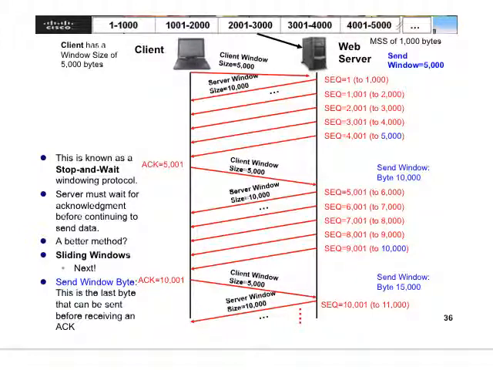Now the question is, what is the disadvantage in this stop and wait technique? Okay, it's easy, it's logical. You report to me that you need 5,000, I give you 5,000. But then I have to wait for your acknowledgement. The problem here is that because the stop and wait allows all the transmission to happen, and then you have to wait, you always have some silent periods here.